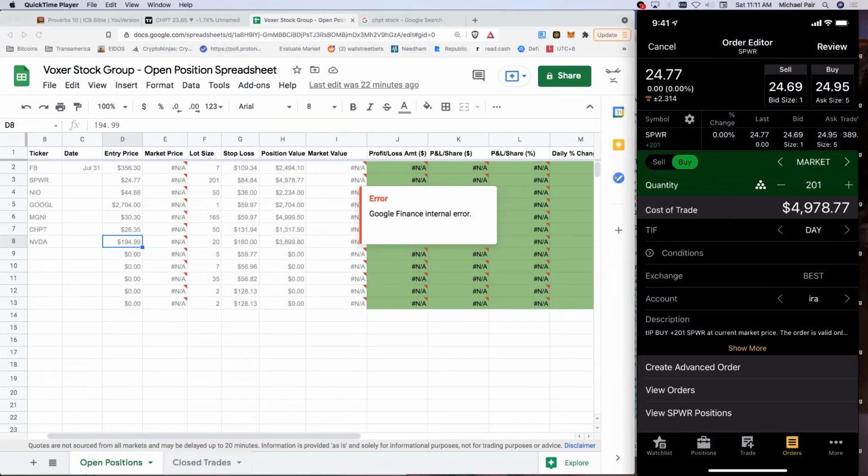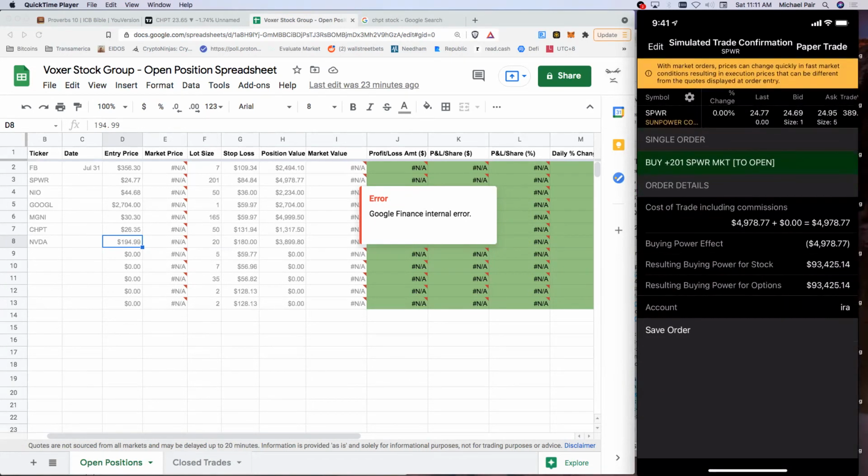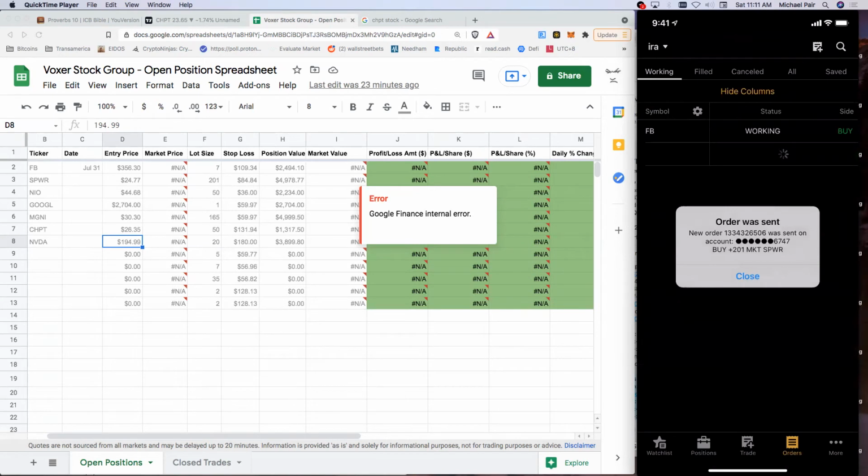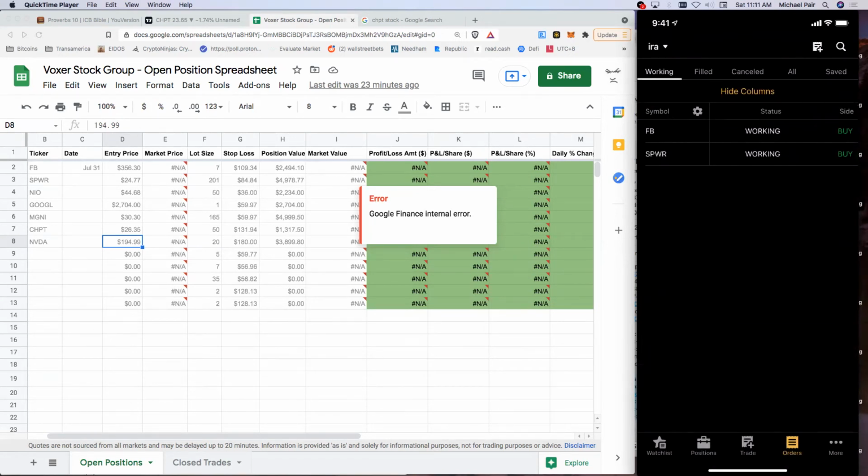And then we're going to go up to review. Click review. Read it out, Curtis. Buy 201, I guess, shares of SPWR at market. Yep. Then we're going to hit paper trade. Confirmation. Order was sent. We see that. And these are working orders, meaning that these orders will be working until they're filled or they're canceled.